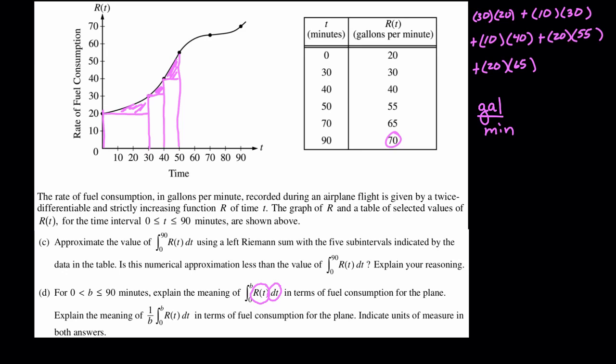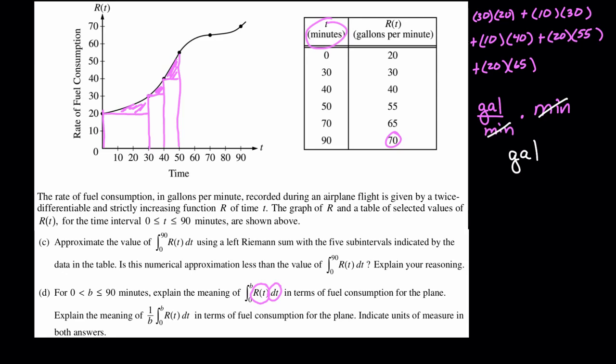Your time is measured in minutes. So what we have is R of t, gallons per minute, times minutes. Now that means that your minutes are going to cancel out. That is going to leave you with gallons.